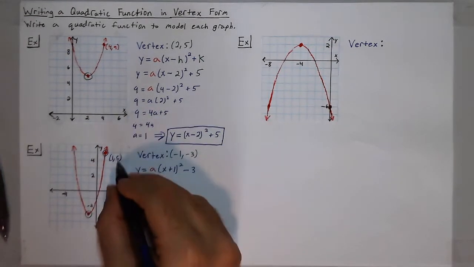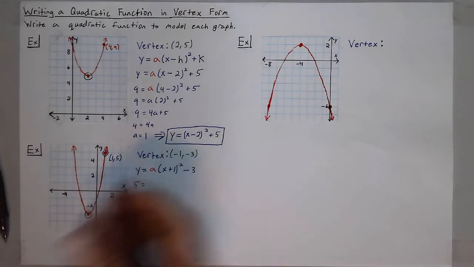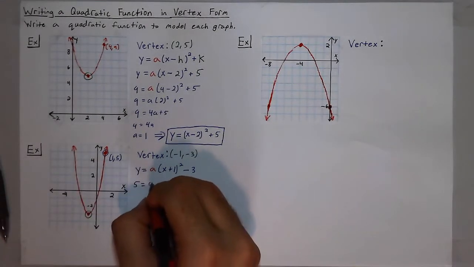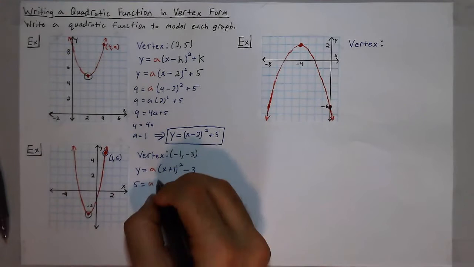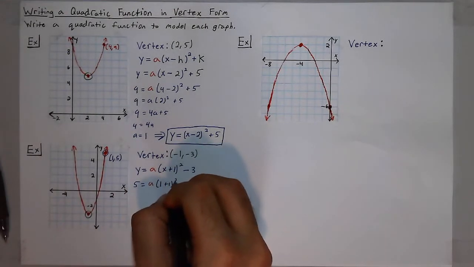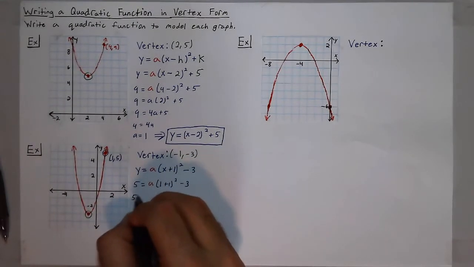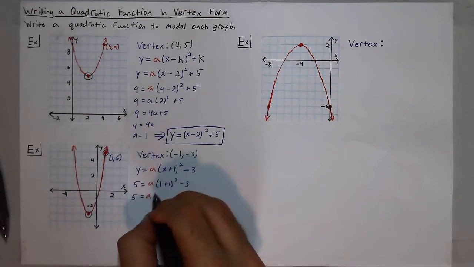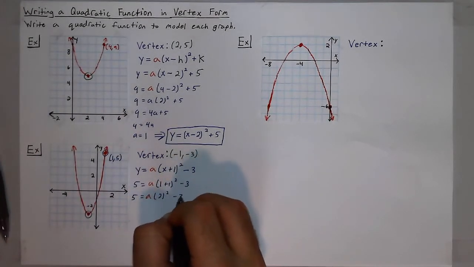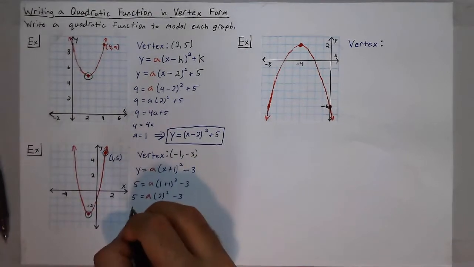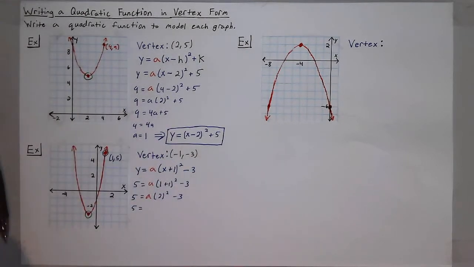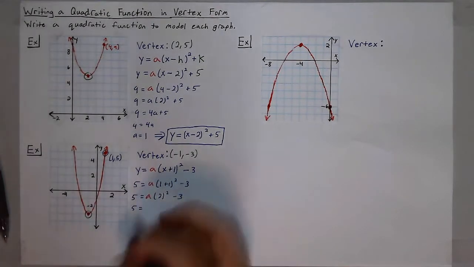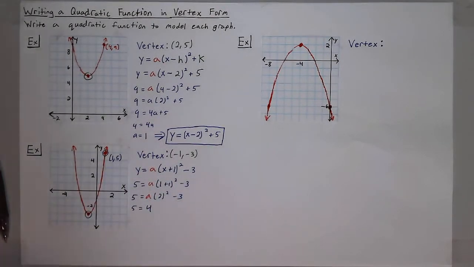So now I can plug in 5 for y, 1 for x, and solve for a. So we have 5 is equal to a times 2 squared, which gives me 5 is equal to 4a minus 3.